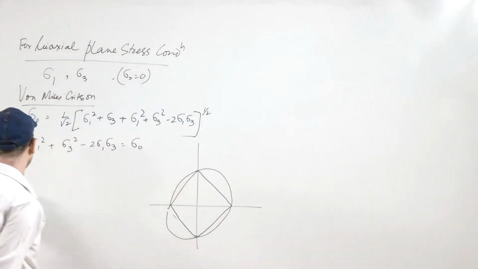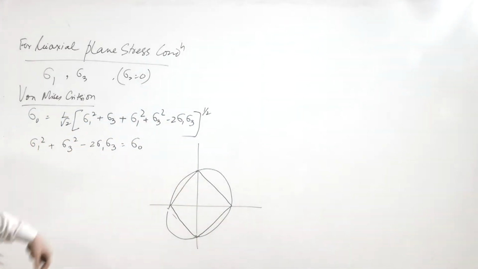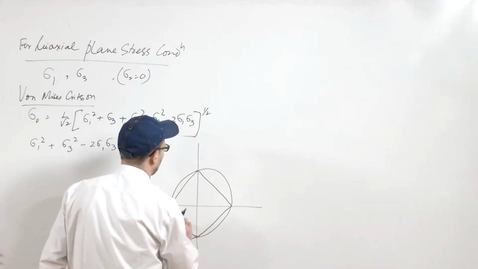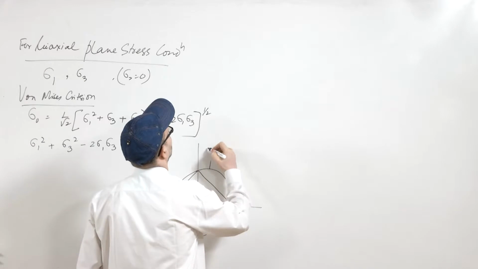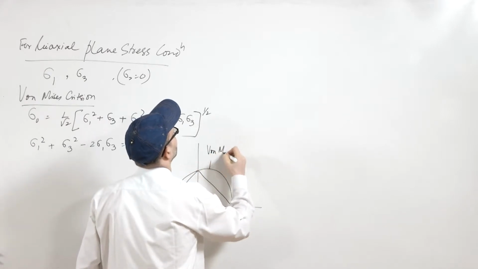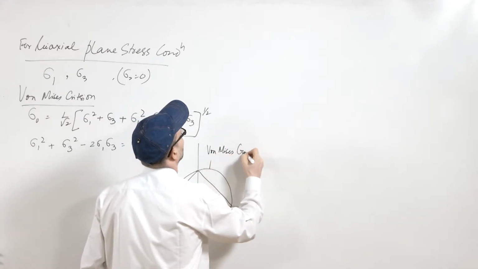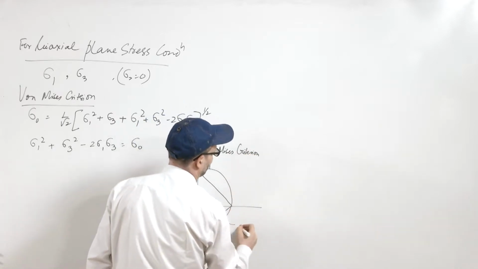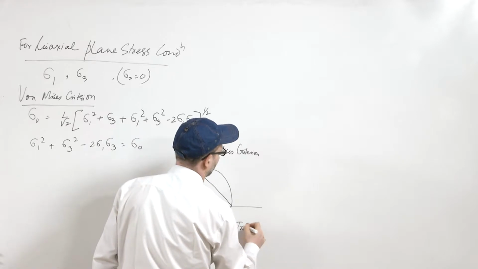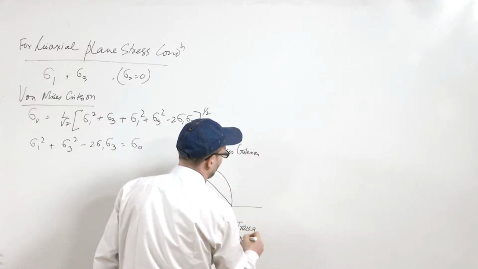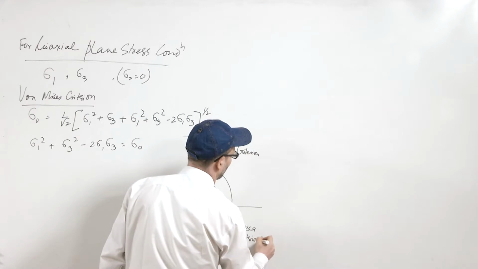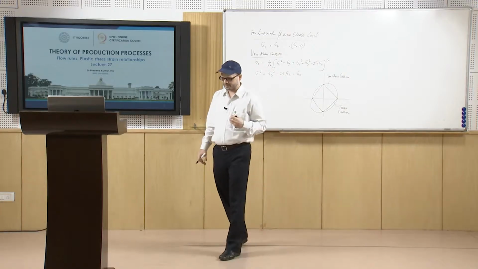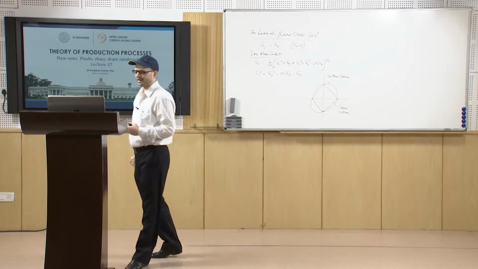Basically, these inner lines predict the maximum shear stress. This line is by the von Mises criteria, and this prediction is because of the Tresca criteria. So, you will have certain error when you predict using the Tresca criteria at some points.